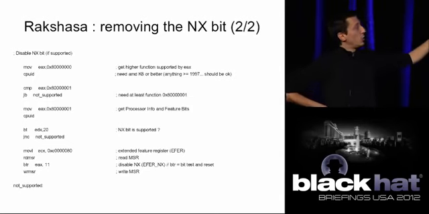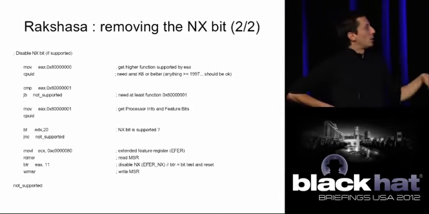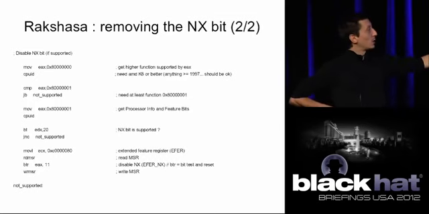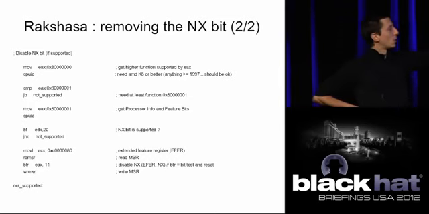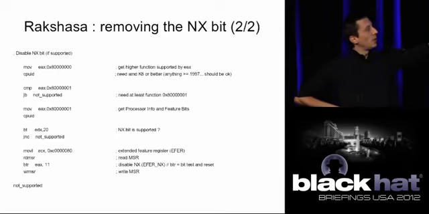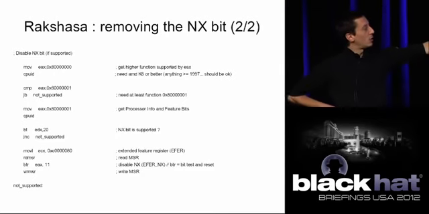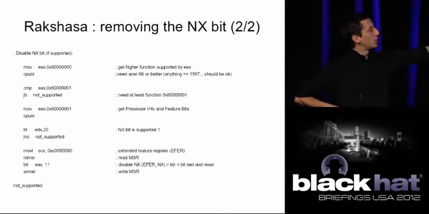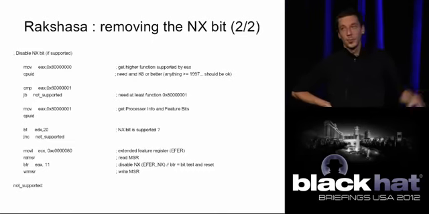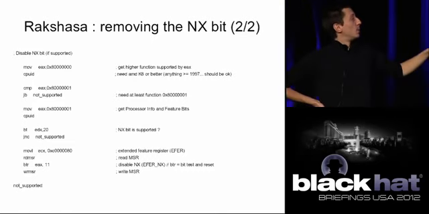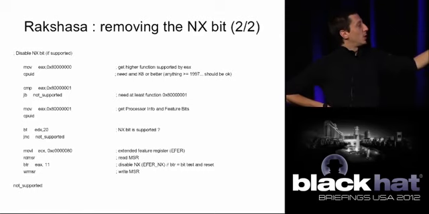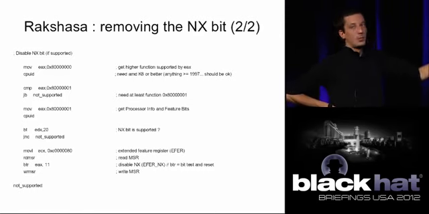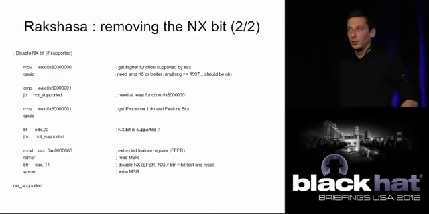And assuming you actually do have the NX bit, we're just going to flip the bit in EAX. So the whole thing is the EFER register, which is actually C0000080. We're going to read this MSR into EAX. You don't do MOVs with model-specific registers.